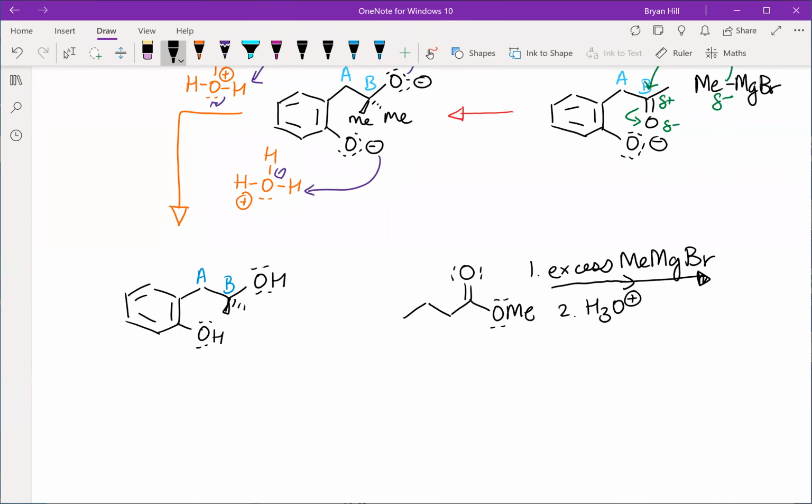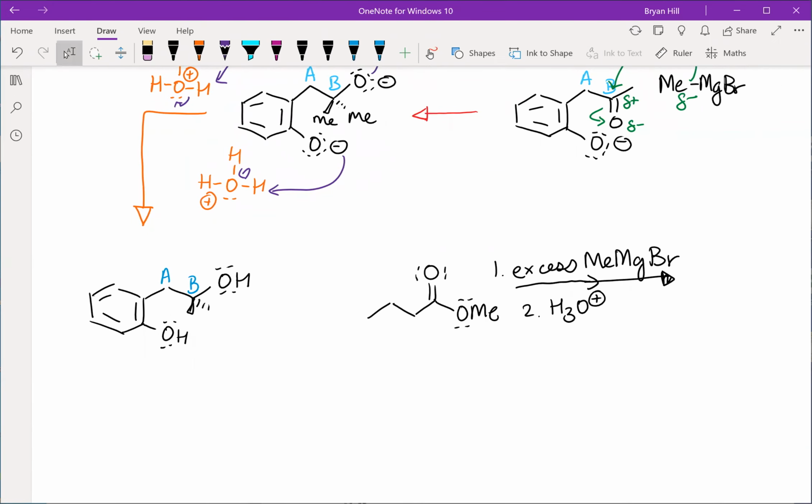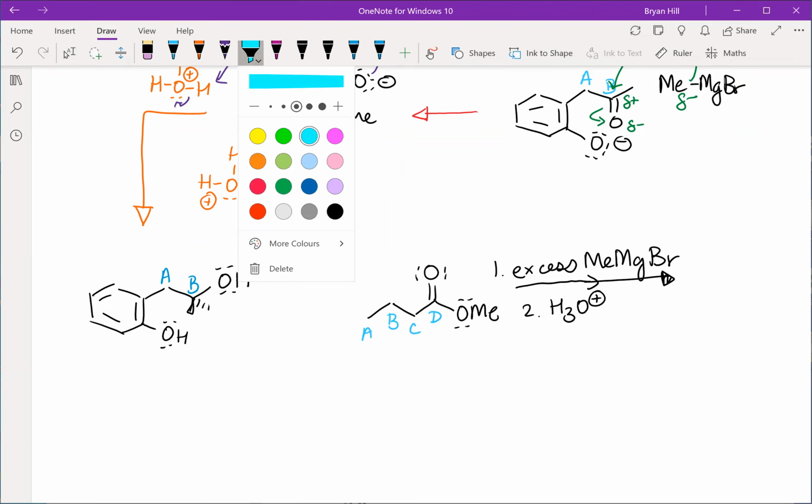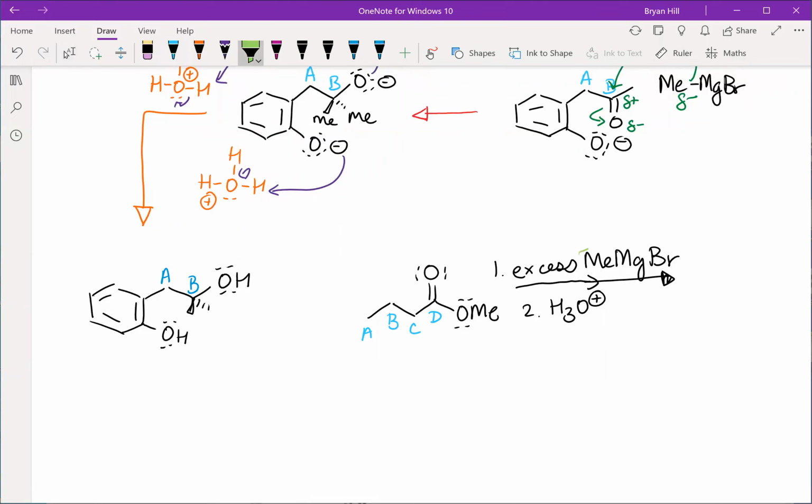The reason why lactones are used a lot in textbooks is that, okay, let's number our carbons. A, B, C, D. So carbon D is going to get two methyl groups. It's going to get two of whatever the Grignard is. So in this case, it's a methyl. So our product will be A, B, C, D.